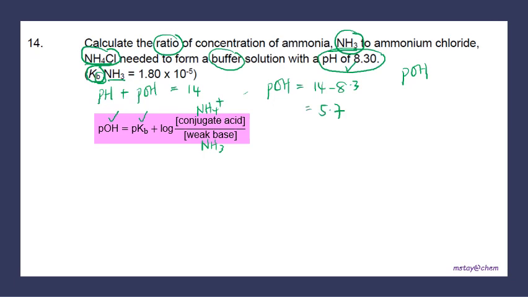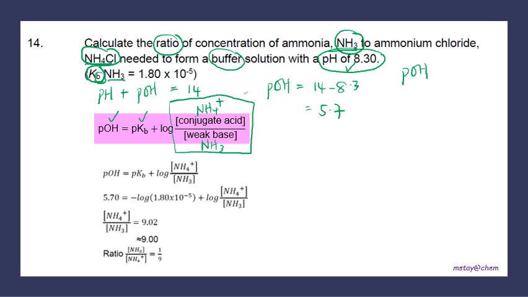We consider the concentration of NH4+ over the concentration of NH3 as one unknown. Substituting the values in, we get 9.02, which is approximately 9. So 9 is also considered as 9 over 1.